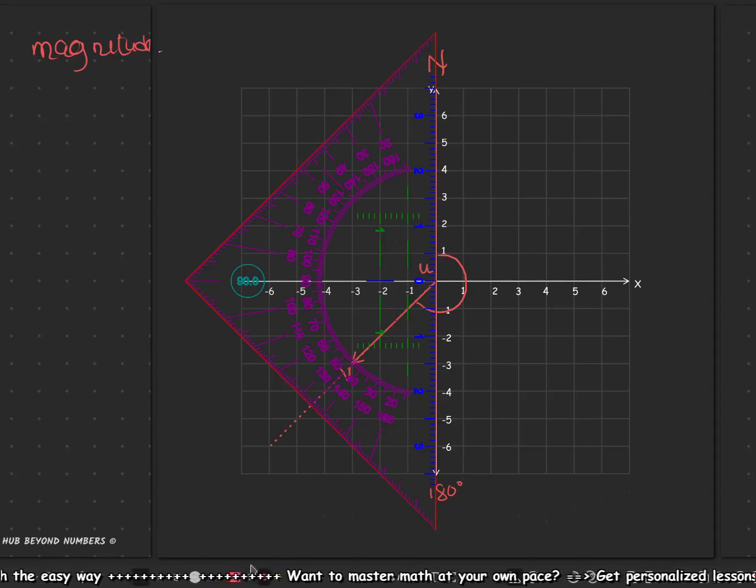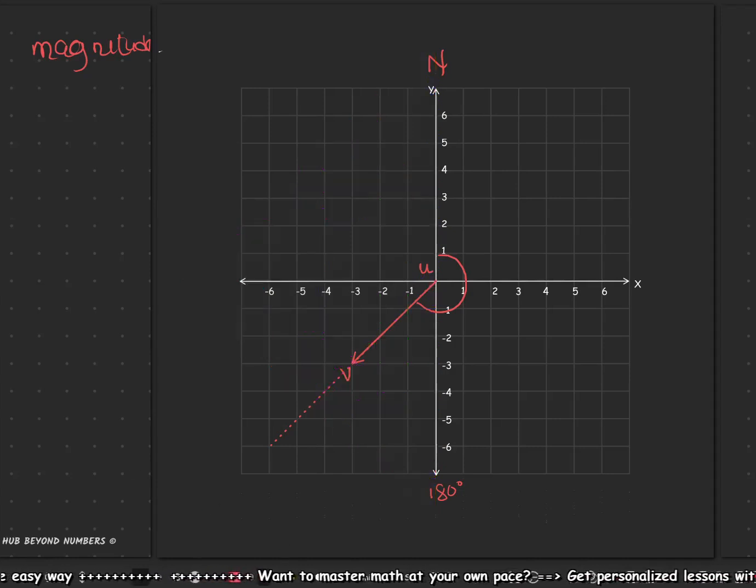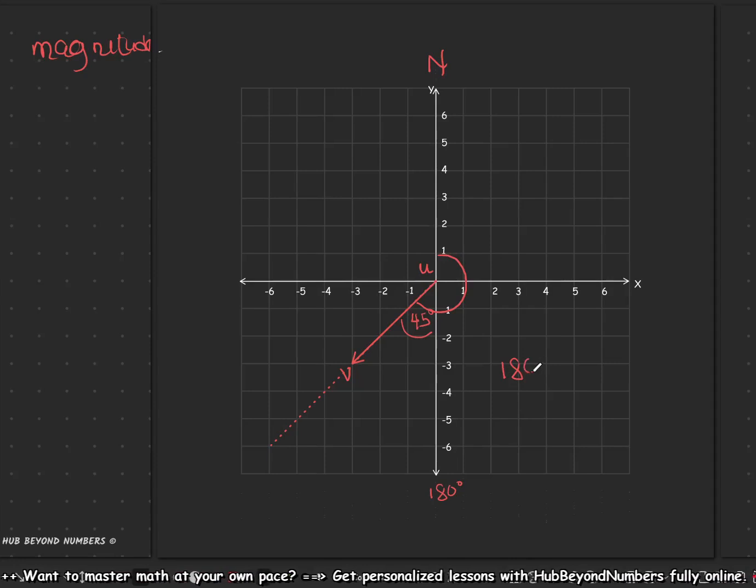So that angle I am looking for is a 45-degree angle. So I put my 45 degrees here. And as I said earlier on, this angle on a straight line is 180. So the whole of this angle is 180 plus 45 degrees.